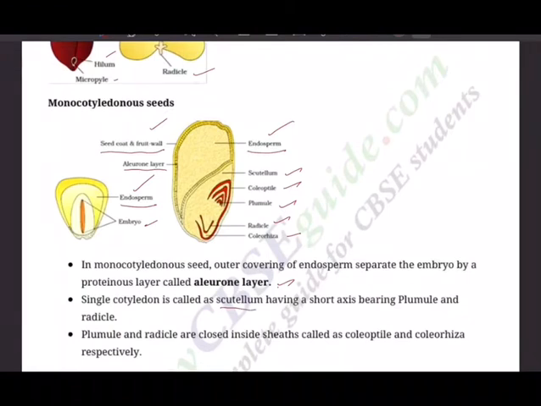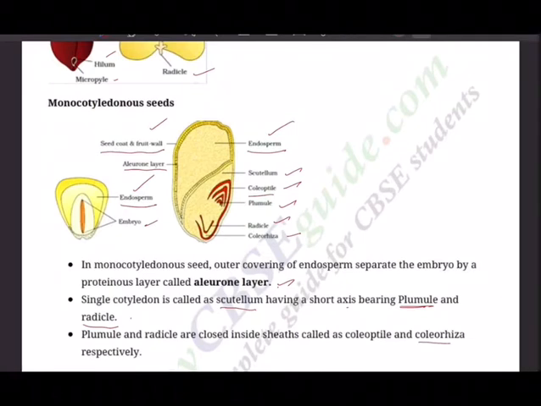So what is scutellum? Scutellum is the single cotyledon having a short axis bearing plumule. Plumule is, as I said, future stem, and radicle is future root. Plumule and radicle are enclosed inside coverings, sheaths called coleoptile and coleorhiza respectively.